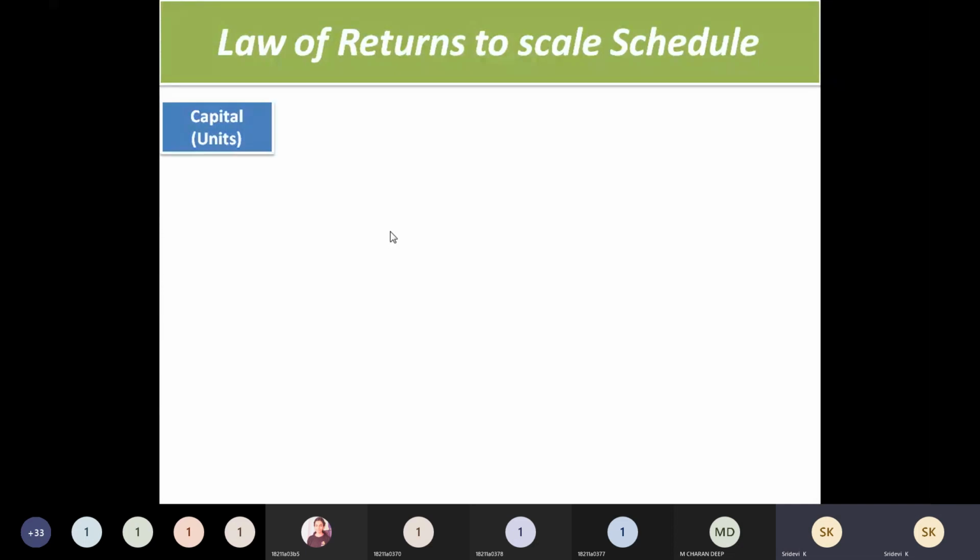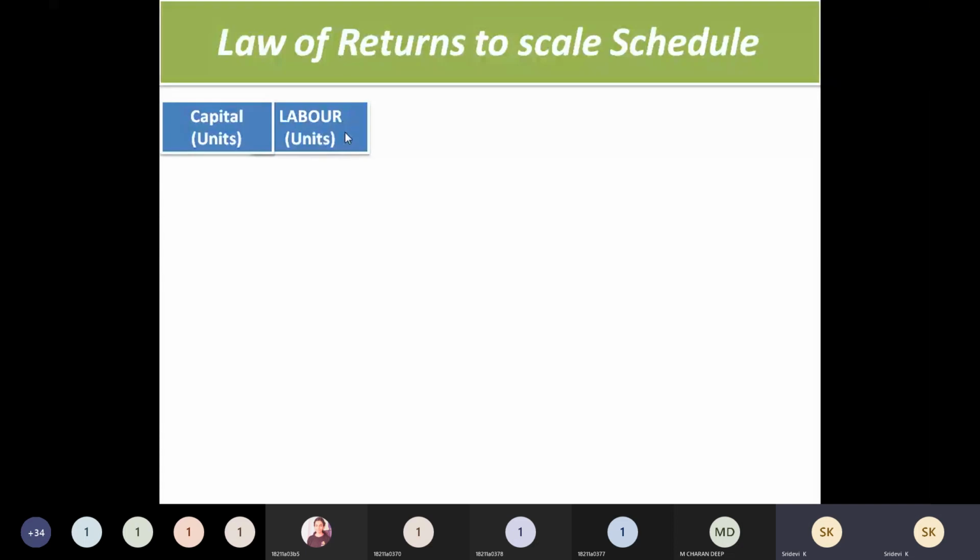So how to show that in terms of values? As we said in words, the same thing we are going to convert into numerical values, and we will show in this schedule, which is called the law of returns to scale schedule. For this we are not going to show all the inputs here, because it will be clumsy to show all the inputs.